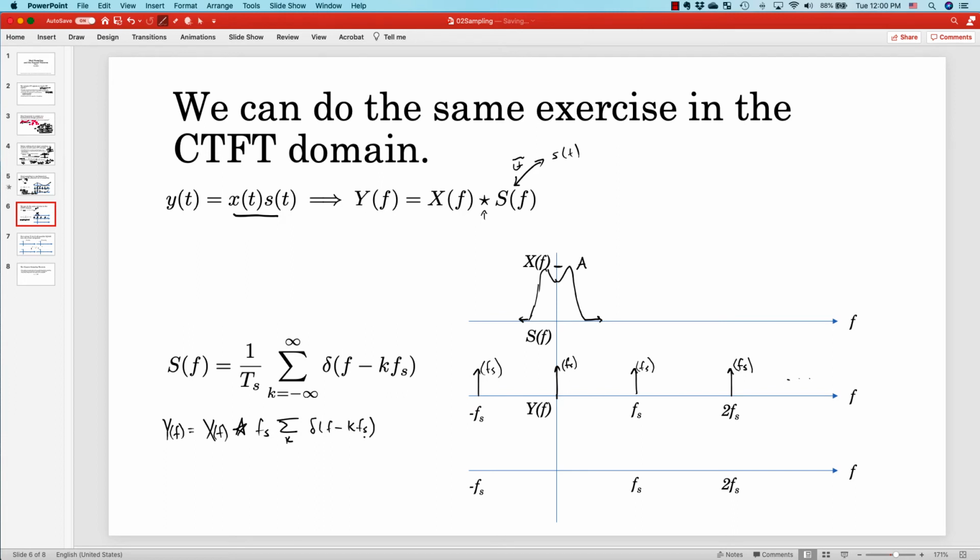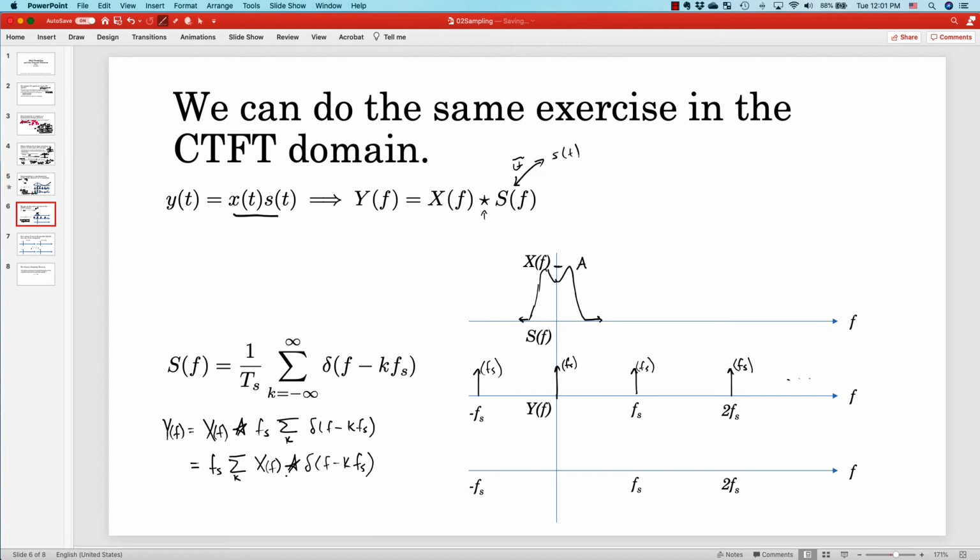And since convolution is a distributive operator, or if you like, a linear operator, then the convolution of x with a sum is the sum of x convolved with every term in the sum. So this is fs times the sum over index k of x of f convolved with delta that fires at k fs.